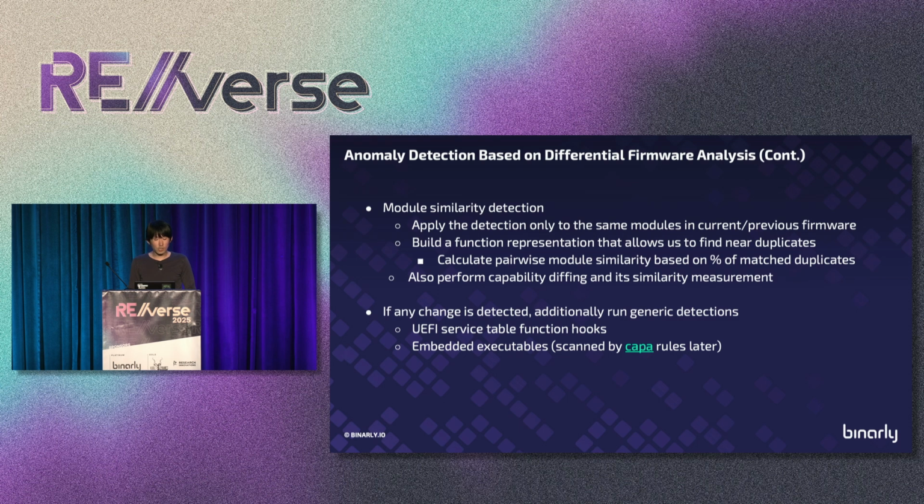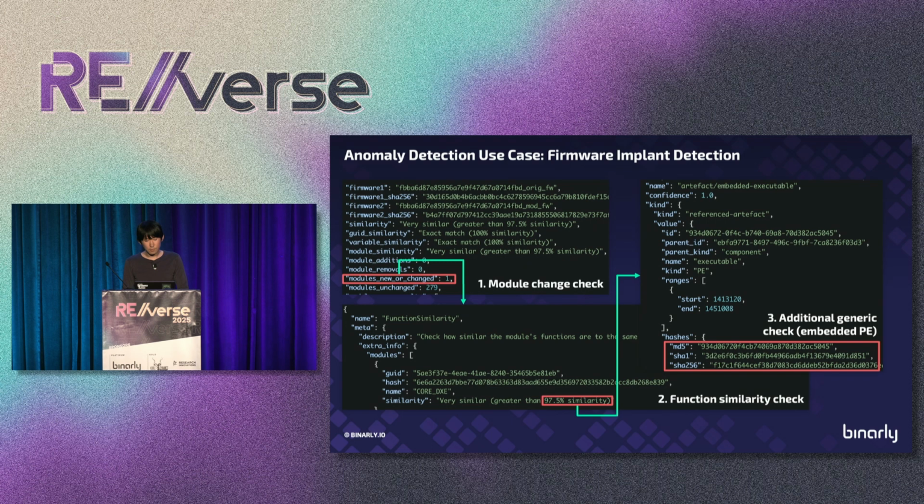And if any change is detected, we additionally run generic detections, such as UEFI service table function hook detection and embedded executable detection, and so on. As a use case, we detect MoonBounce infection.